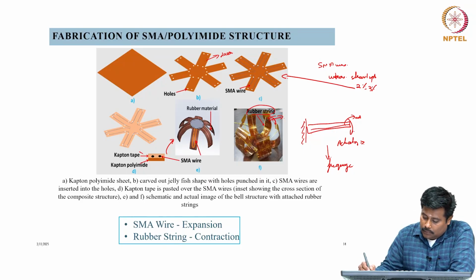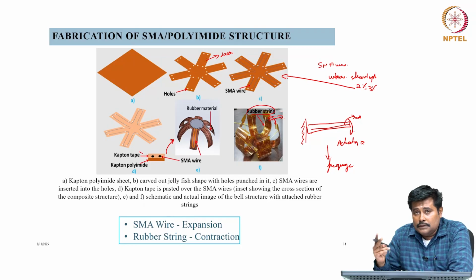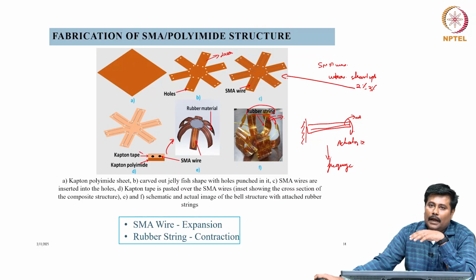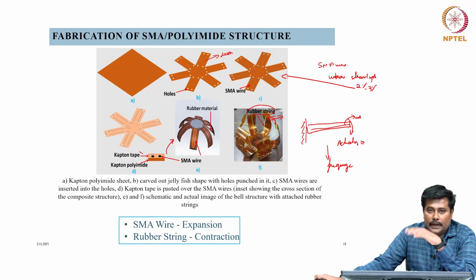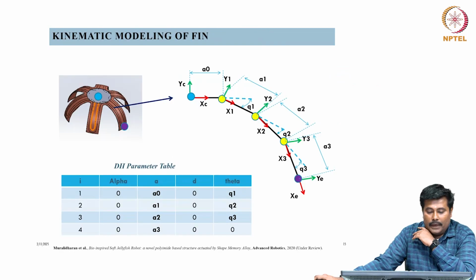Since there is going to be a change in the expansion and contraction, the expansion and the contraction need to be appropriately studied and modeled to study the overall waviness, because frequency has a direct impact on the swimming capability.